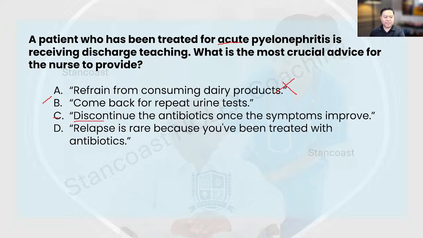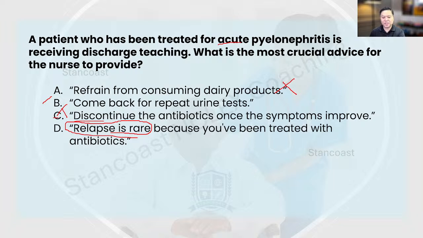Now, let's take a look at letter D. Relapse is rare because you've been treated with antibiotics. This is a huge false reassurance here. This is very misleading, as we know that pyelonephritis is something that can recur, right? So this is false reassurance saying that relapse is rare. We never said that.